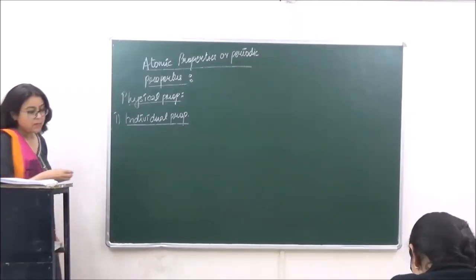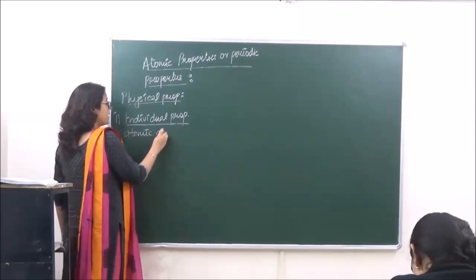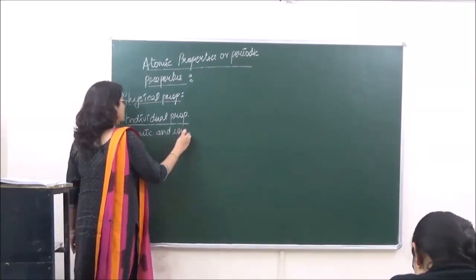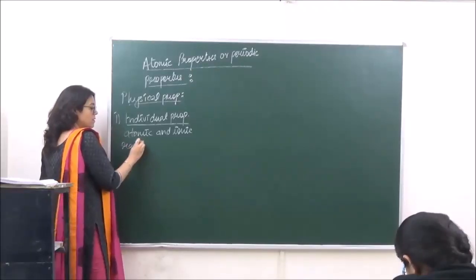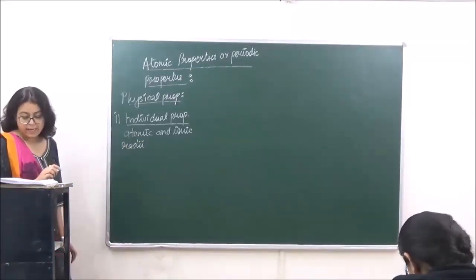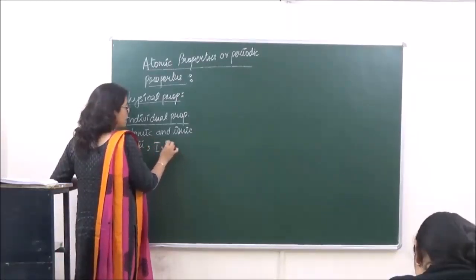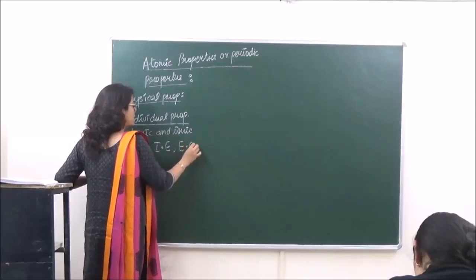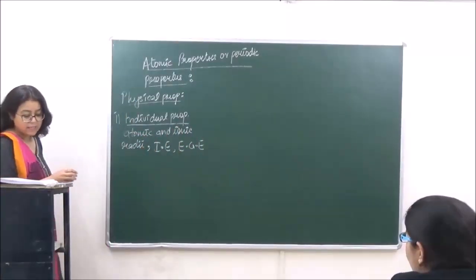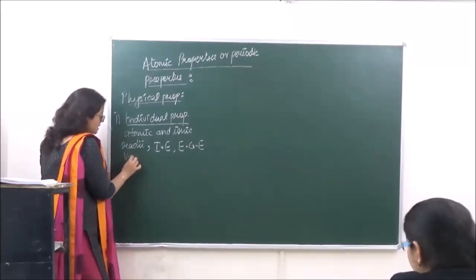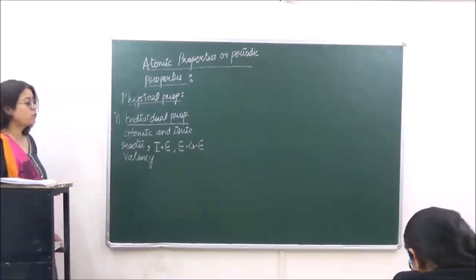For example, we have atomic and ionic radii, then we have ionization energy. We will study electron gain enthalpy, and then we have valency. So all these are going to be the properties of individual atoms.